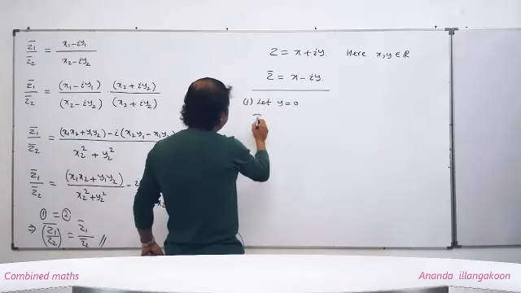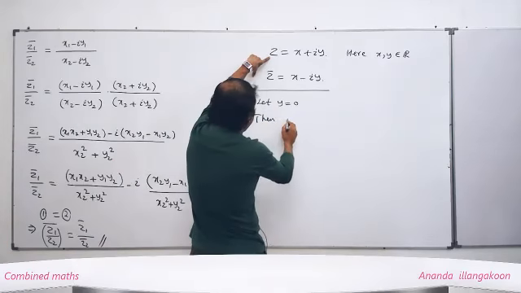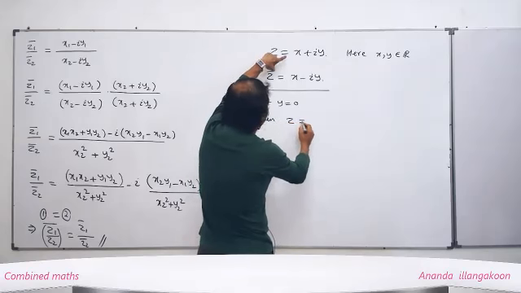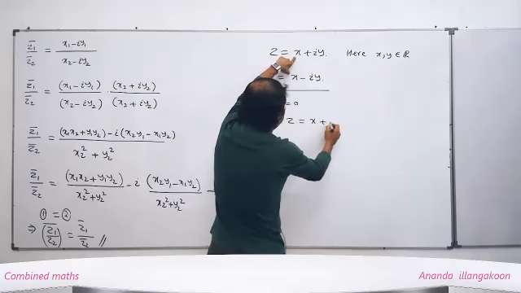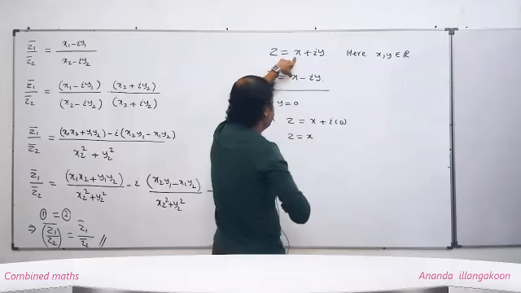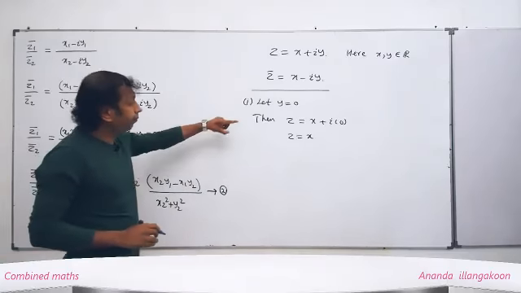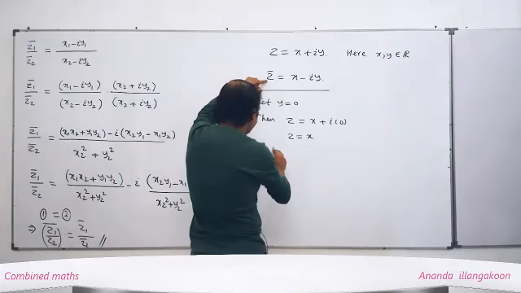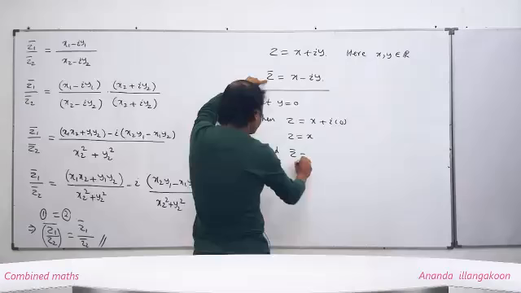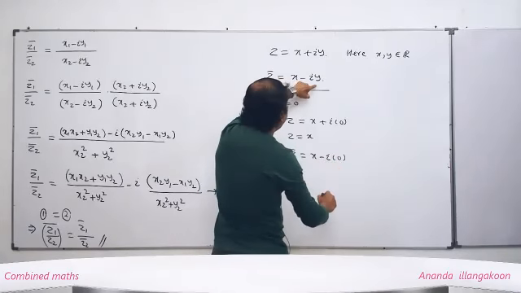Then, people, we get what? So it comes as x plus i times 0. Z equals x. Okay. Then Z bar, what, people? x minus i into y, y is 0, no?